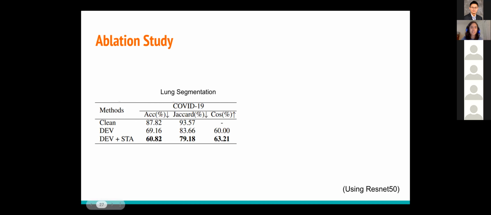We're trying to trick the model for lung segmentation on the COVID-19 dataset. We also see that our cosine percentage, which is the percentage of positive cosine values we get, is much higher, which means we're more often heading in the same direction, or more often moving towards that fixed destination, which is why the stabilization term results in faster convergence.